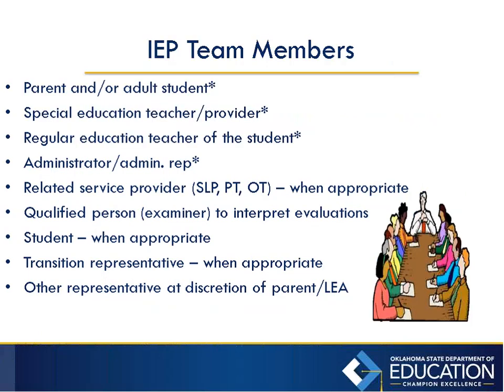Okay, our next slide is IEP team members. You'll see that some of them have a little asterisk by them, that those are the required IEP team members. The parent or the adult student, special education teacher and provider, the regular education teacher of the student, an administrator or administrator rep, a related service provider when appropriate, the qualified examiner, your school psychologist or psychometrist, to interpret evaluations, the student when appropriate, the transition representative when age appropriate, and other representative at the discretion of either the parent or the school district.